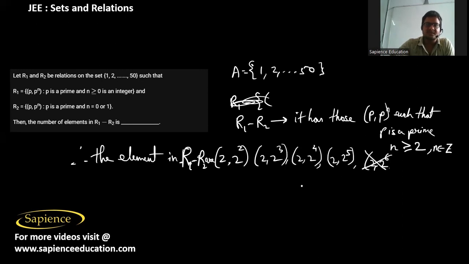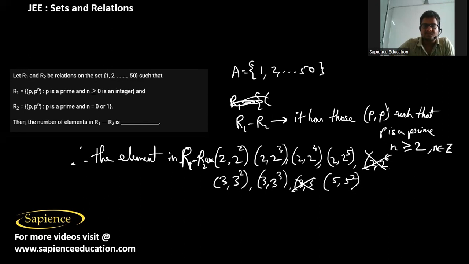So till 2^5 we can take. Similarly, we can have (3, 3^2) and (3, 3^3), but 3^4 we can't take since it is 81. Then we can have (5, 5^2), but 5^3 we cannot have. Then 6 is not a prime. 7 is a prime number, so (7, 7^2) we can have.